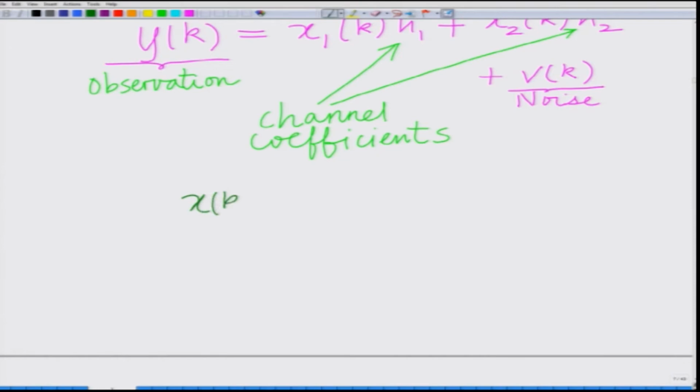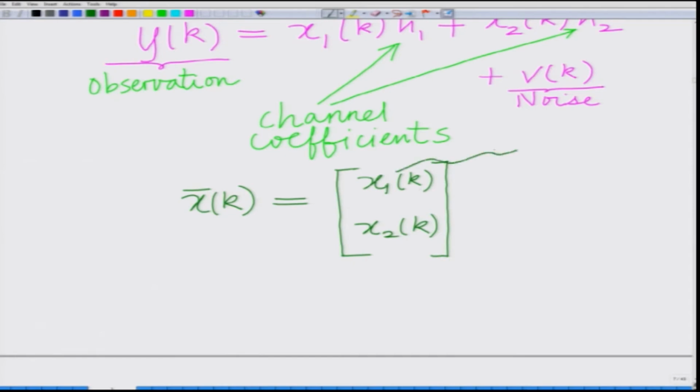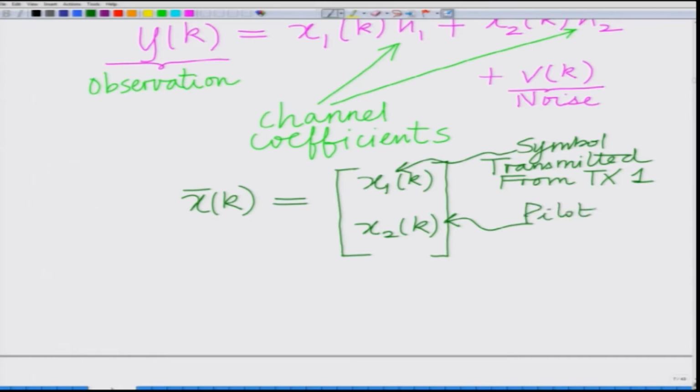And further, our pilot vector x bar of k is equal to x1k, x2k, where at time instant k x1k is the pilot symbol transmitted from transmit antenna 1, and x2k is the pilot symbol from transmit antenna 2.